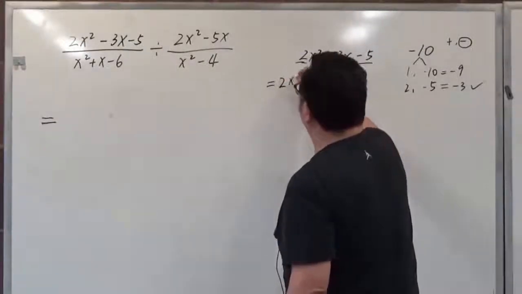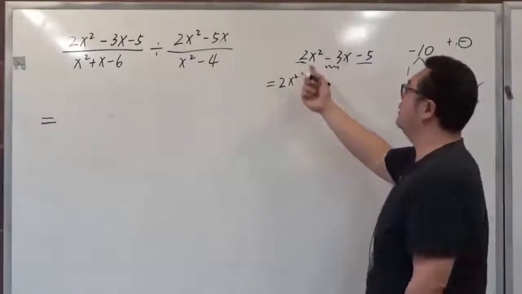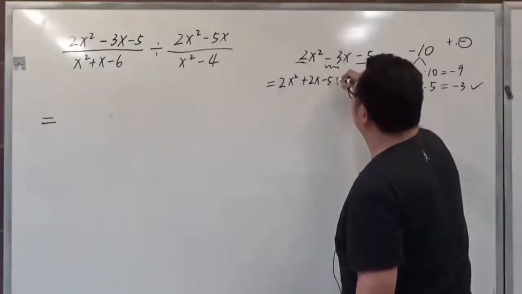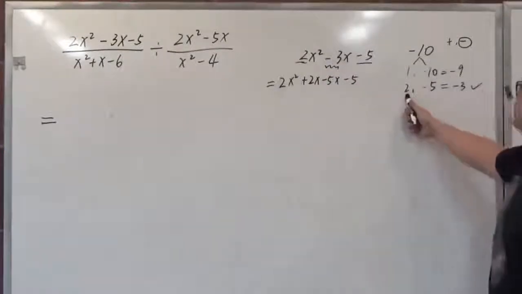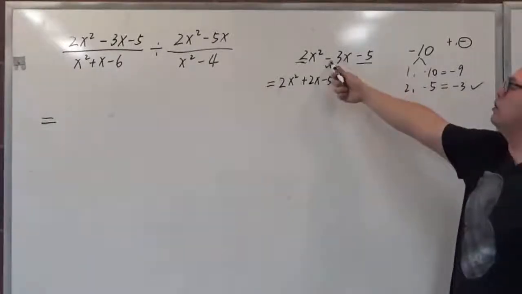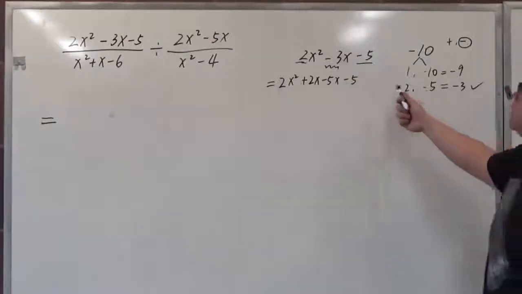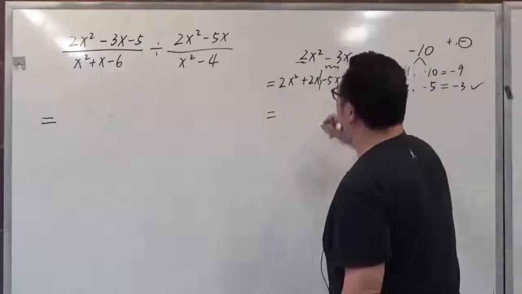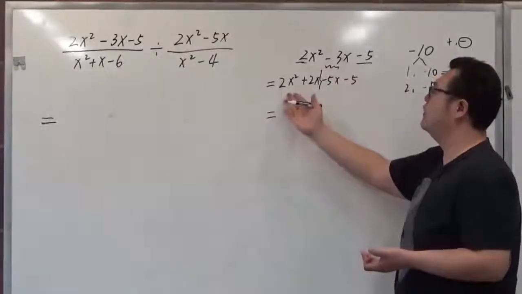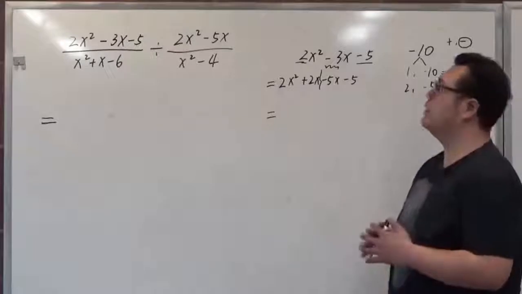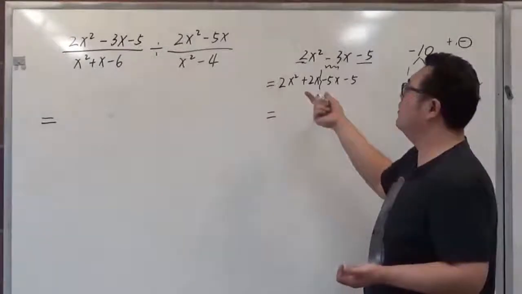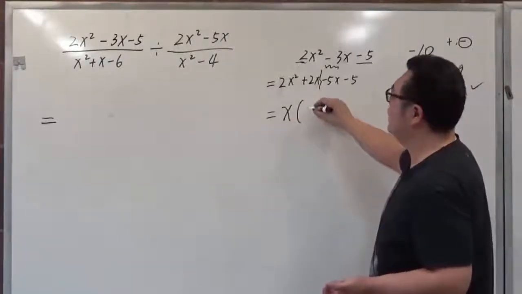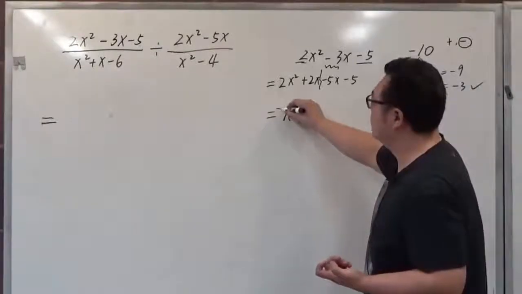Then we're able to rewrite the quadratic expression as 2x squared plus 2x minus 5x minus 5. The two numbers combine to make the coefficient of x when we rewrite that. The next step is factoring by grouping. The first group is 2x squared plus 2x. The second group is negative 5x minus 5. The greatest common factor of the first group is 2x.